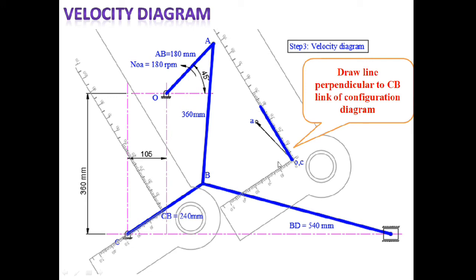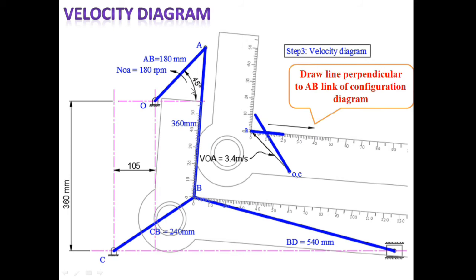Then put one scale parallel to AB. From A, draw the perpendicular to AB, and it will intersect the CB line you already drew. So you got B. Here the intersecting point is B.